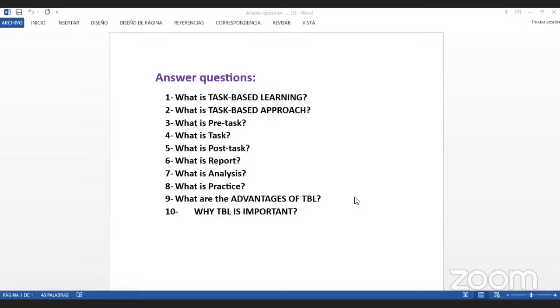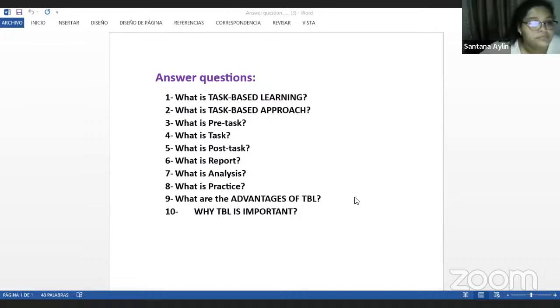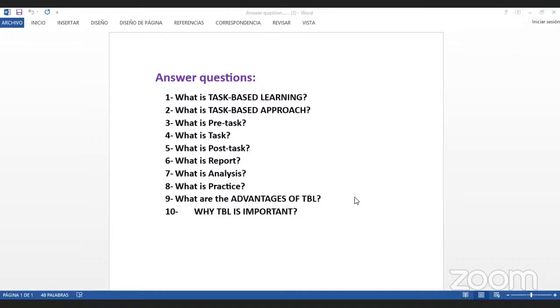And the task is maybe when the students complete the task in a pair or group using their language resources. Maybe the teacher is a monitor and after some time encourages the students to finish the task. Post-task is maybe a short report on what happened during their tasks.